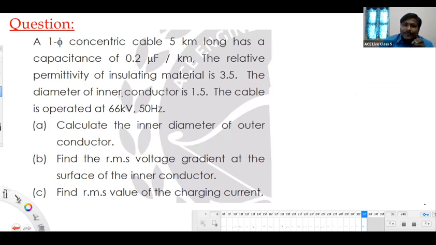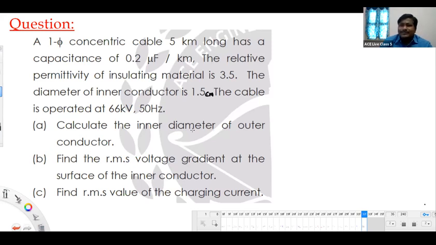The relative permittivity of the insulating material is 3.5, epsilon r. The diameter of the inner conductor is 1.5 centimeters; that unit is missing here. The cable is operated at 66 kV, 50 Hz. Calculate the inner diameter of the outer conductor.